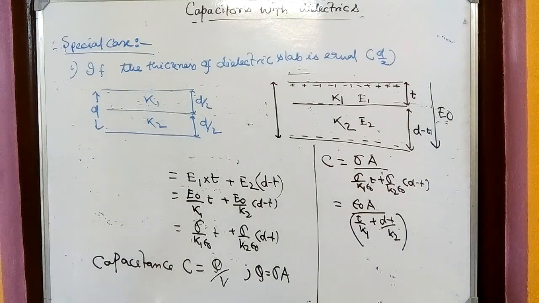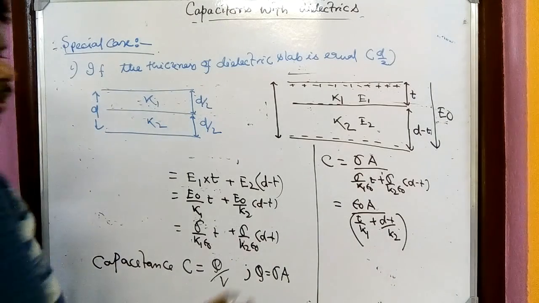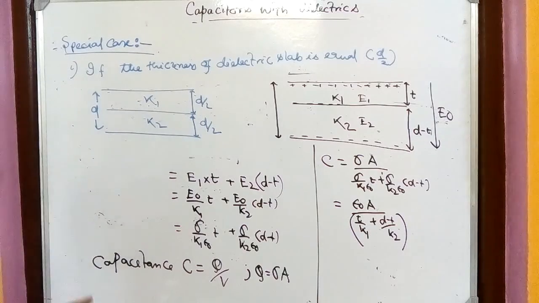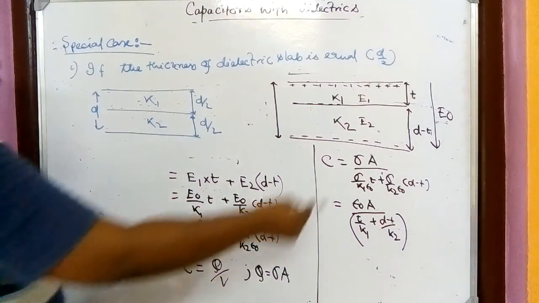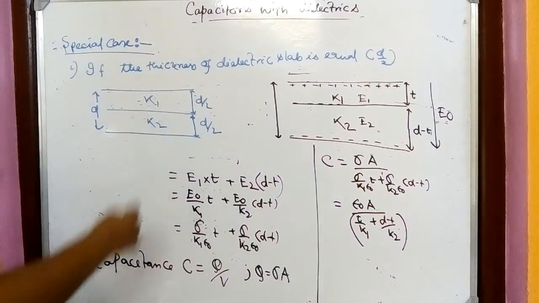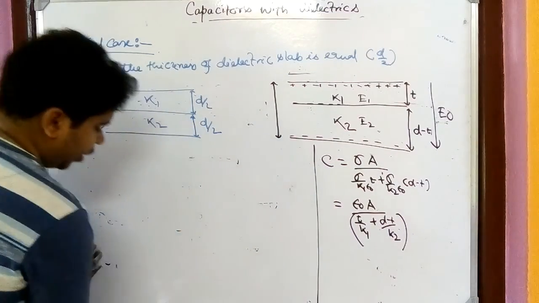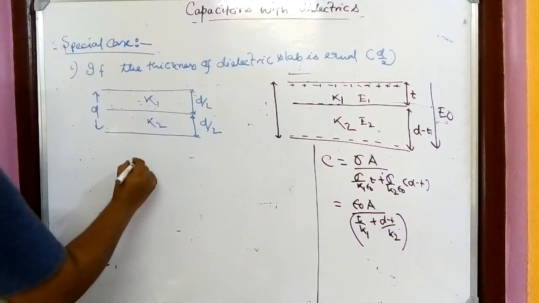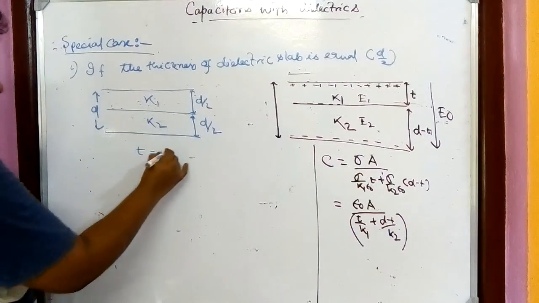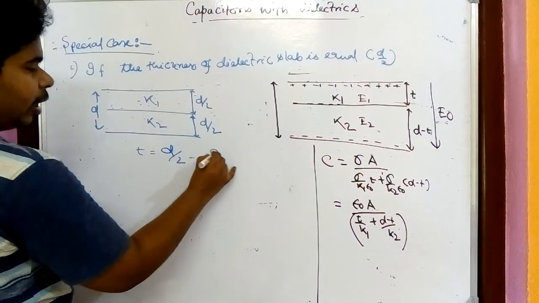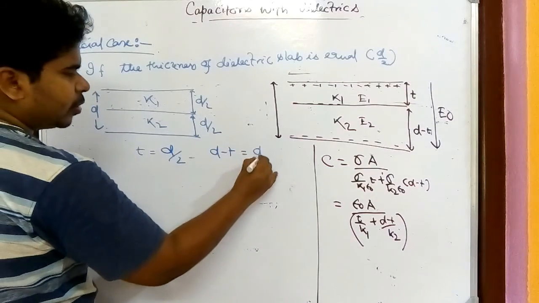So what will be the change of the value? Very simple thing is, instead of t it will be d by 2 and instead of d minus t it is also d by 2. So instead of taking separate thickness I am taking equal thickness here. So t should be equal to d by 2 and d minus t equals d by 2.